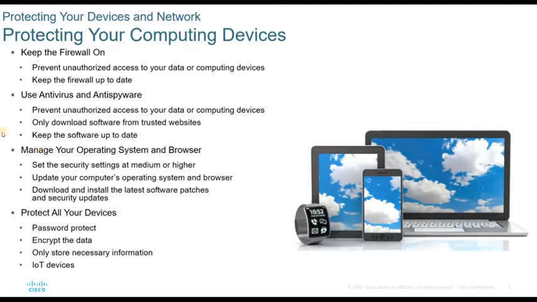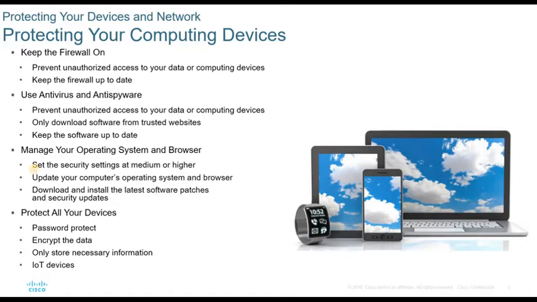Next best practice is for you to manage your operating system and browser. Since we're talking about the internet, the only way for you to access the internet is, of course, an internet browser, right? So number one, it says here you should set the security settings at least at medium or higher.